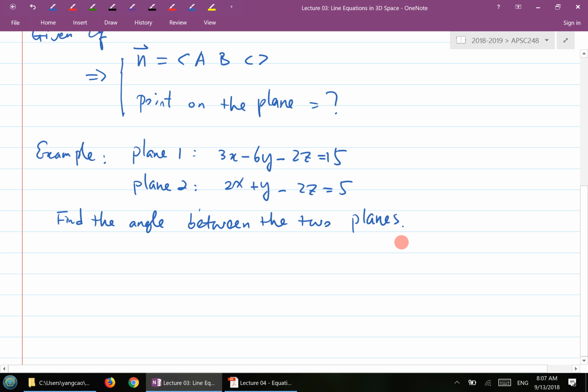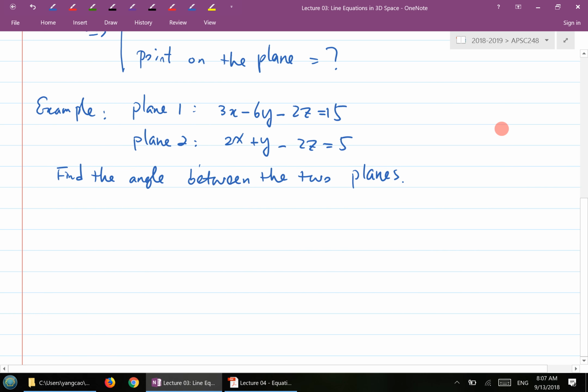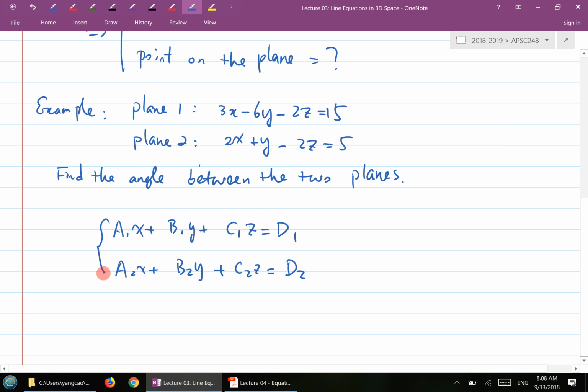For example, say I give a plane A1x plus B1y plus C1z equal to D1, and another one, A2x plus B2y plus C2z equal to D2. So here are two general plane equations.